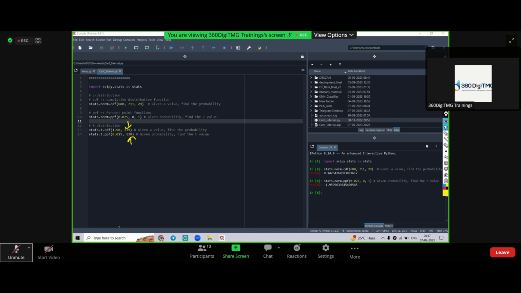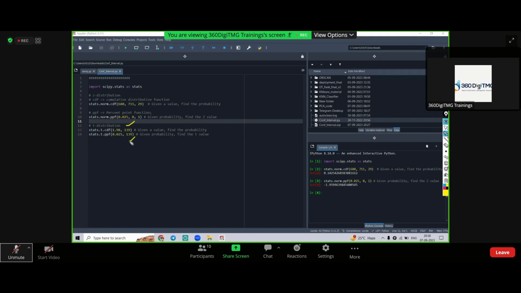In our case, what was N when we were talking about the T distribution? N was 140, and we know that we use degree of freedom when it comes to the T distribution. The degree of freedom says that N minus 1 will give you the best results. So I will say 140 minus 1, which will give me 139. That is what I am considering as my degree of freedom.